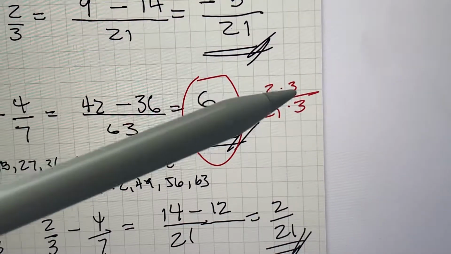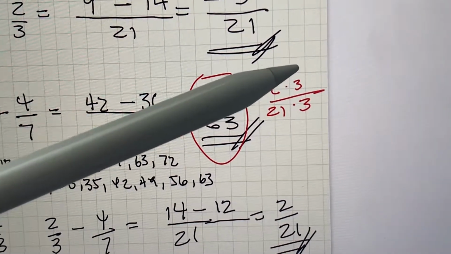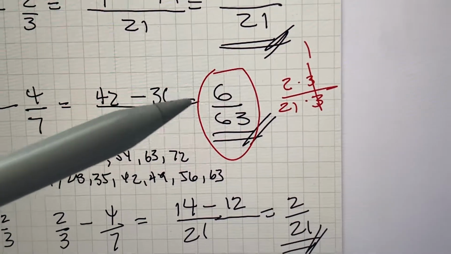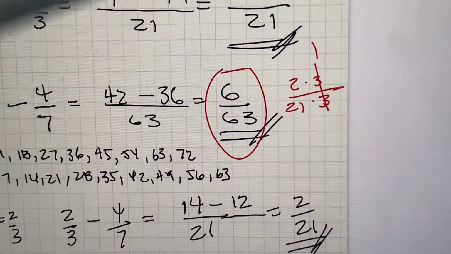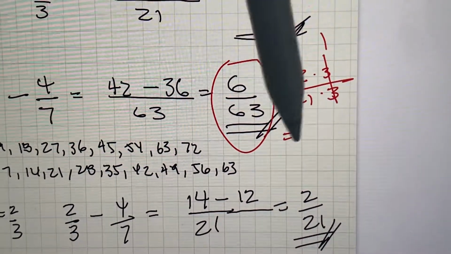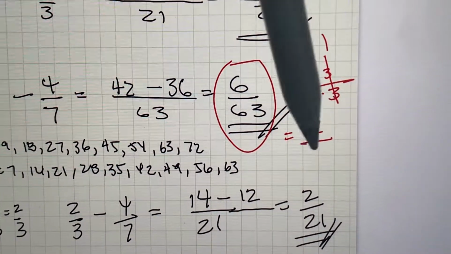So now you see that what I needed to do after solving this equation was to actually simplify. So the proper answer for this equation is 2 over 21.